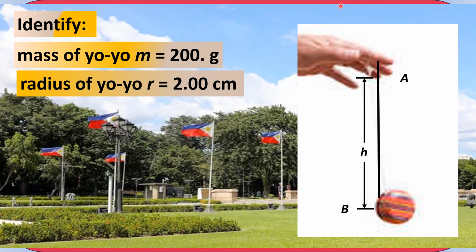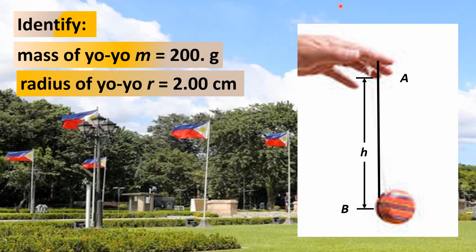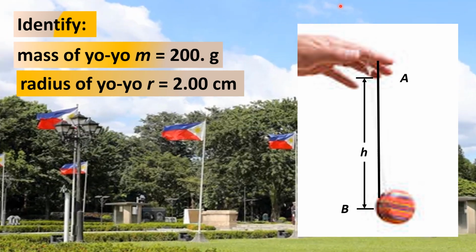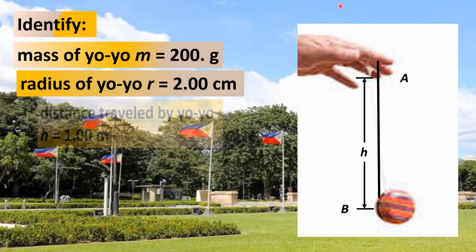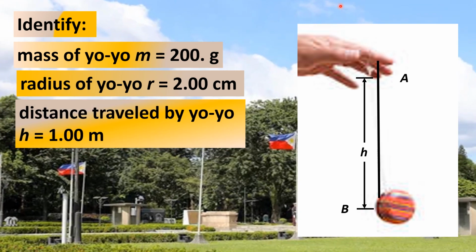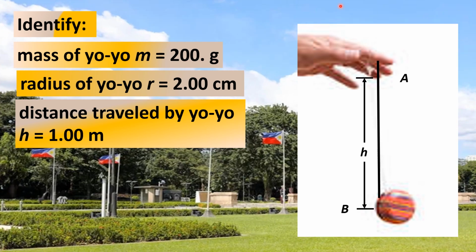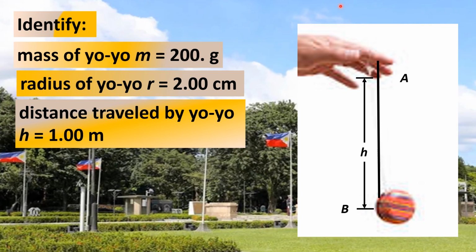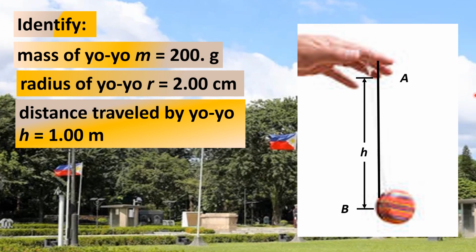This is the radius of the cross-sectional area of the yo-yo, which is cylindrical in shape. We're also given the distance traveled by the yo-yo, denoted by small letter h, 1.00 meter.